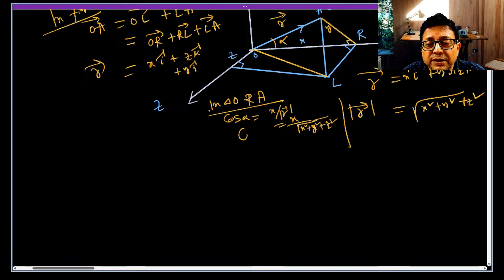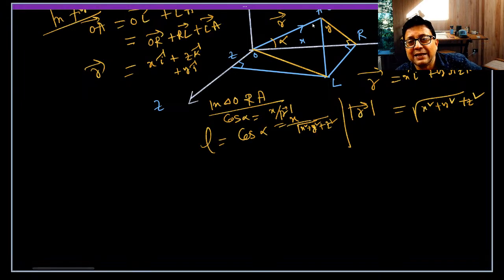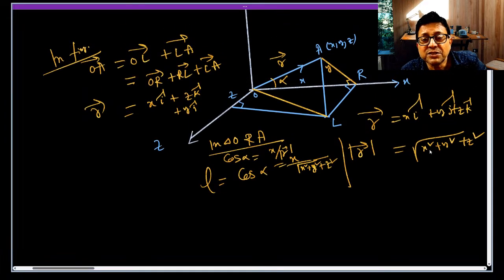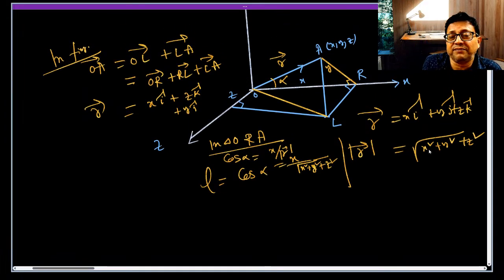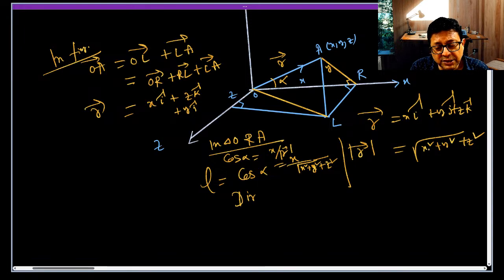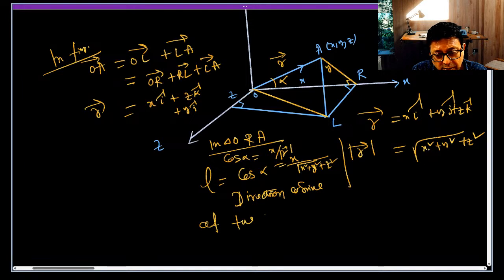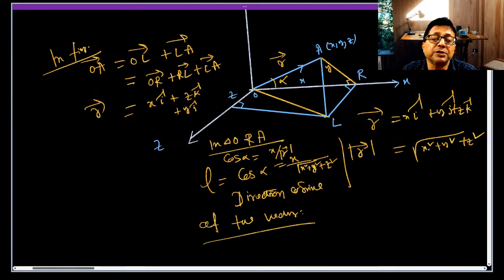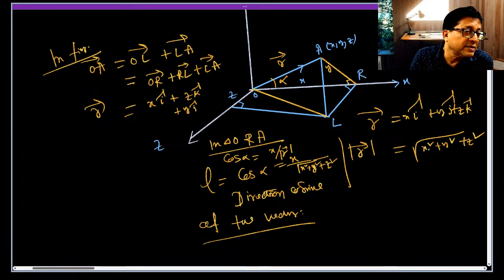Sometimes we denote this by L. This is called the direction cosine of the vector. So the basic definition is the cosine of the angle with the x-axis.